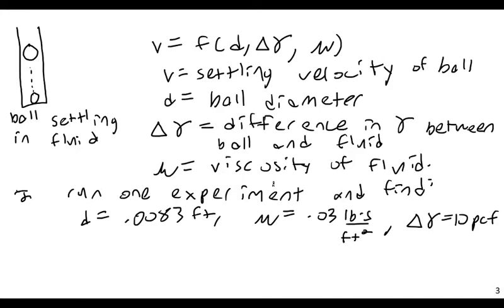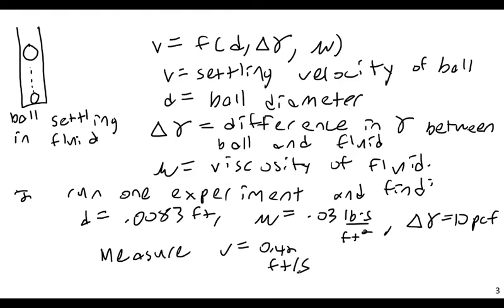Anyway, and then I measure the velocity. I measure v. So I set these up as my independent variables, and then I measure that v is 0.42 feet per second.